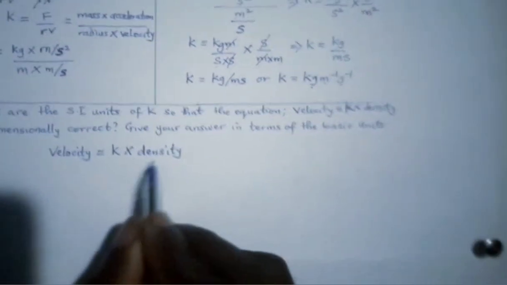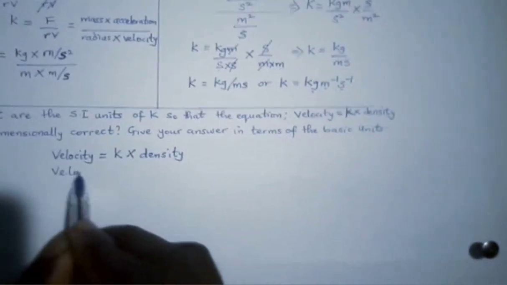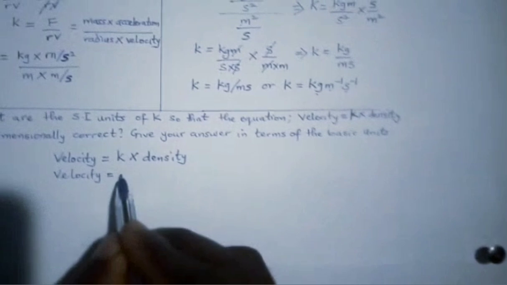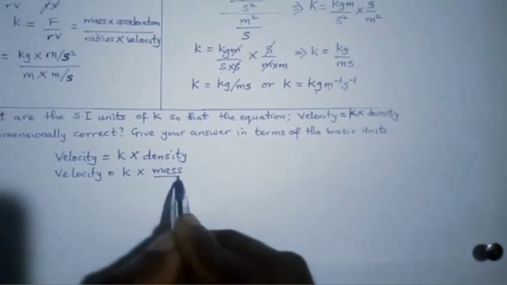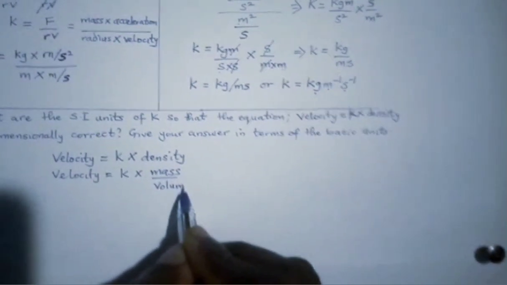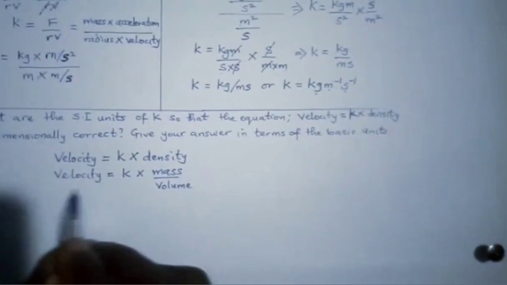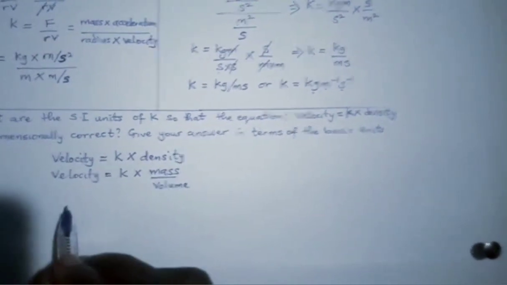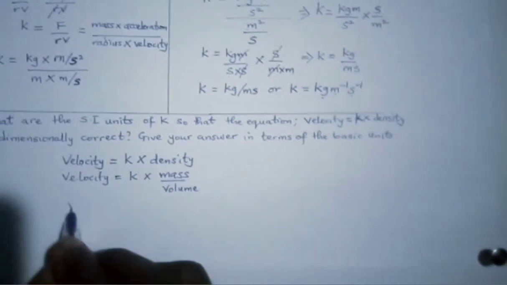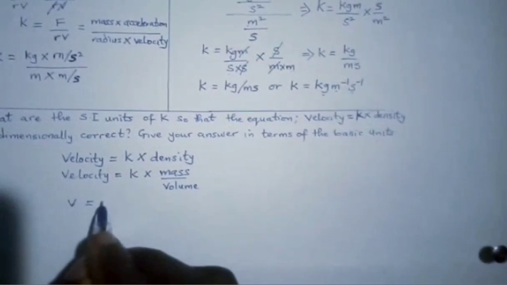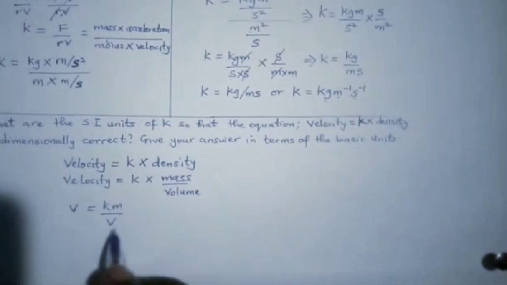So density is mass over volume, which means velocity is equals to K times mass over volume. Alright, so if I want to represent all these in terms of their first letter, I will say V is equals to Km over volume.